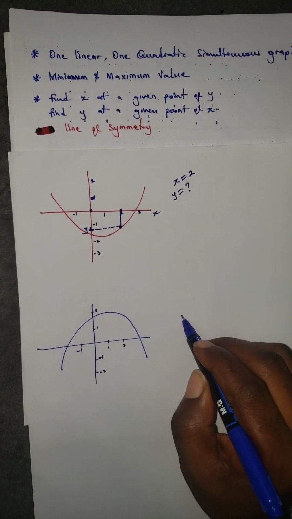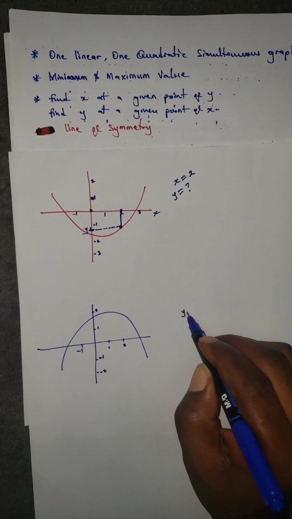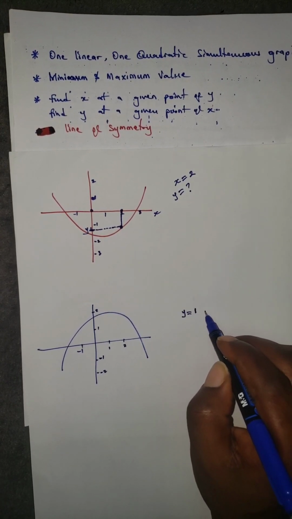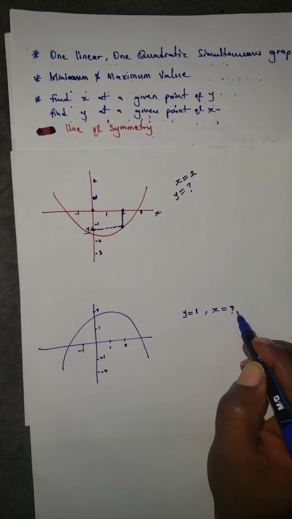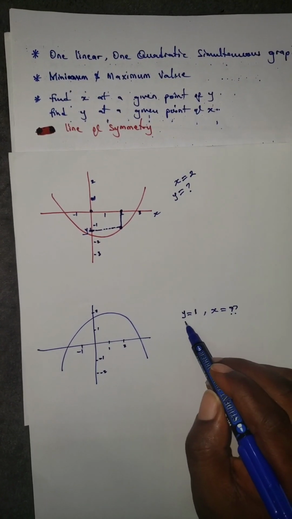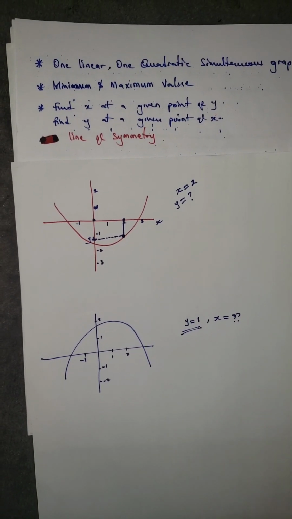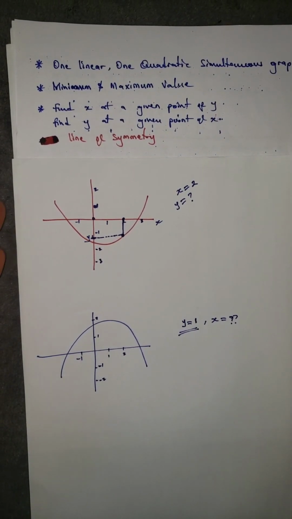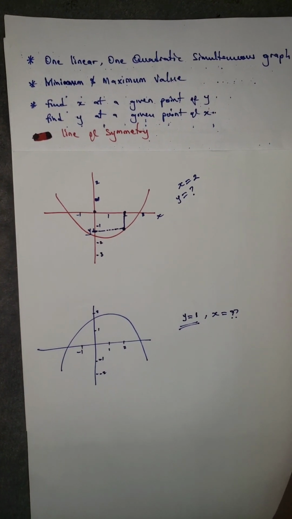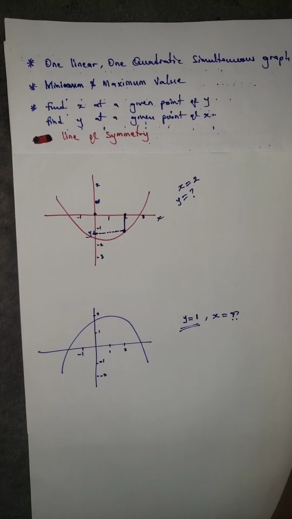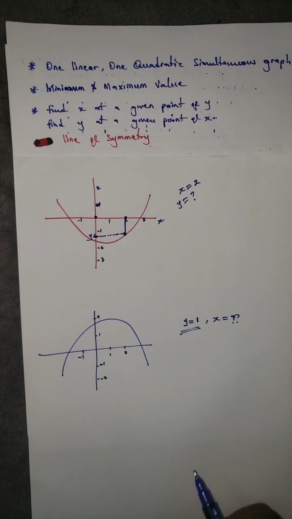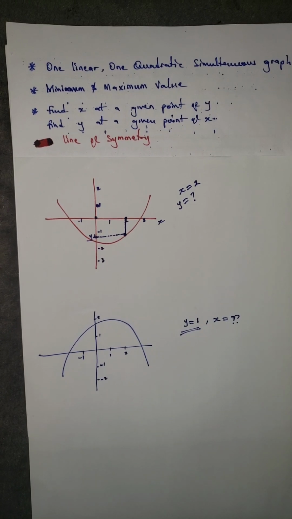Then when you are asked to find the value of s at a given point of y, let's say at y equals to 2, you are looking for s. So in this case, whenever you are given y and you are asked to find the value of s, we are always likely to have two values of s, because there are always two values of s that will give you a certain value of y, unless it is at the turning point. It is only at the turning point that we have only one value of s at that particular given point of y.